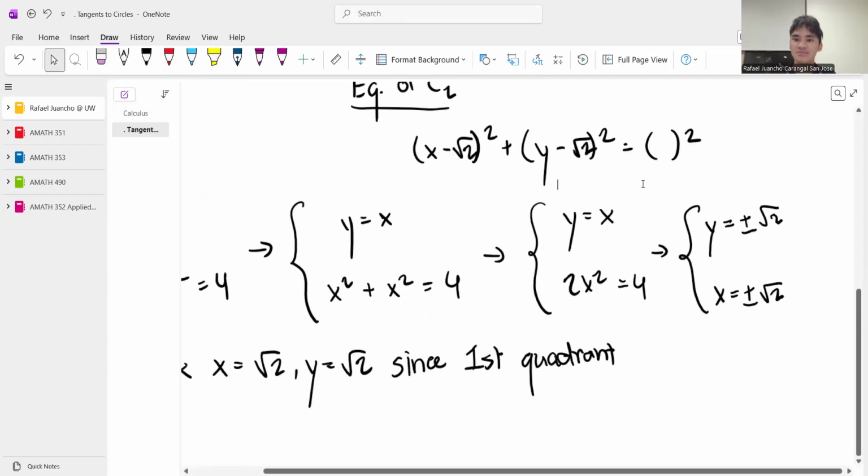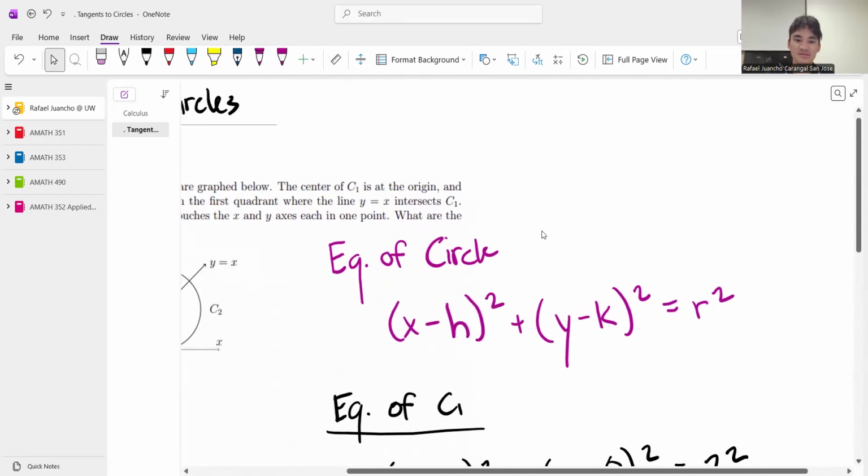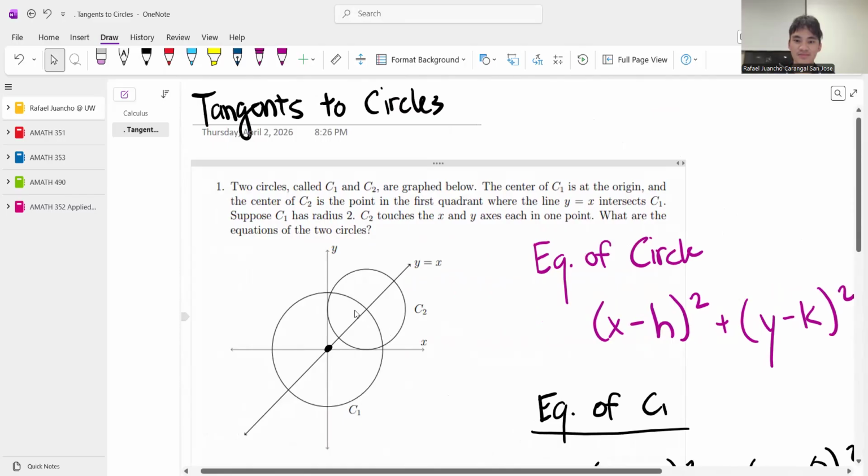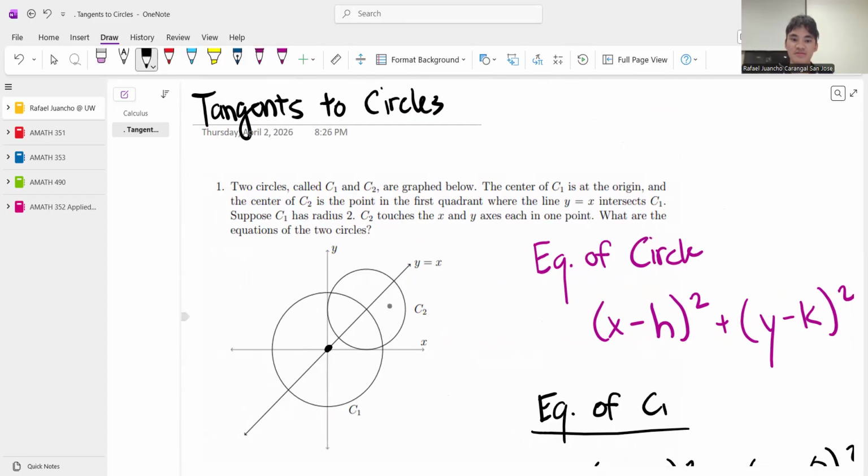And now for this radius, how do we find the radius? Because we need to find the radius of this. How do we do that then? Let's look at the information, right? So we have two circles. The center of C1 is the origin, the center of C2 is the point in the first quadrant where the line y equals x intersects C1.